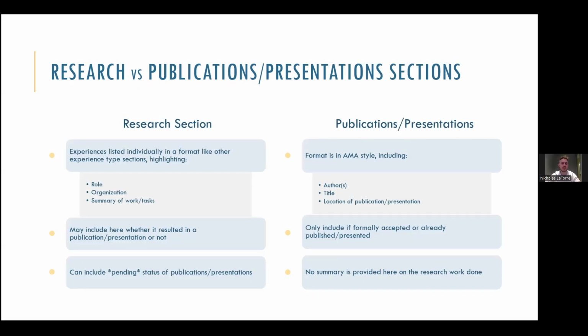Research versus publications and presentations, like I said, these are separate pieces. And to understand, they would be their own sections for certain purposes when it comes to the CV, and then the application later for residency. The research section would be similar in formatting to your work section and your volunteer section: you're listing out your role, you're listing out the organization, which in that case may be an institution or entity you're doing research with.